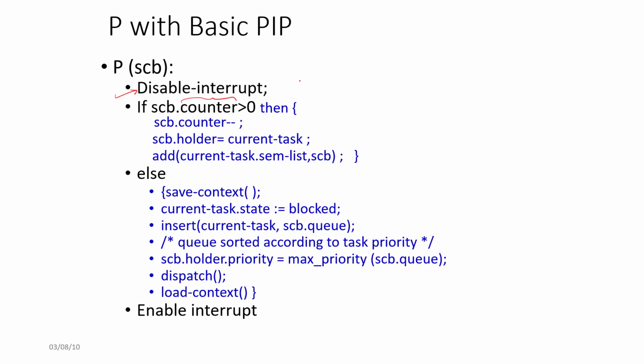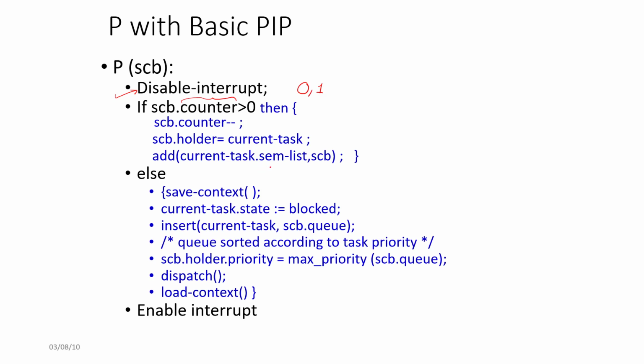In general, for any resource or the software lock that protects it, the counter will only vary between 0 and 1, mainly because it will be a single copy. Nonetheless, what you see is a generic mechanism where we decrement the value of the counter. We set the holder of the resource to the current task.